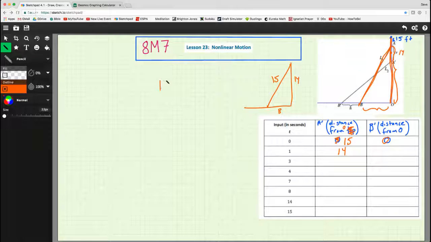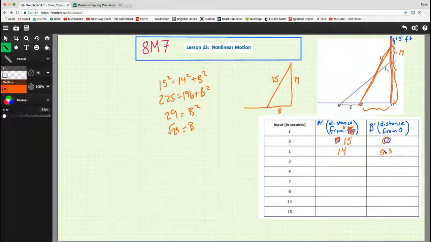So 15 squared equals 14 squared plus b squared. And if you solve that, you get 225 equals 196 plus b squared. B squared is equal to 29. So b equals the square root of 29, and that's equal to 5.3.